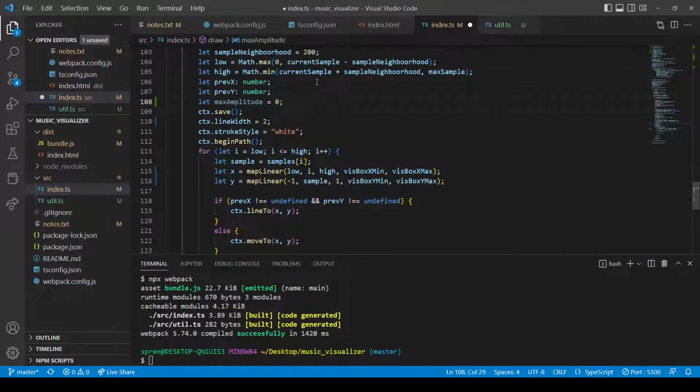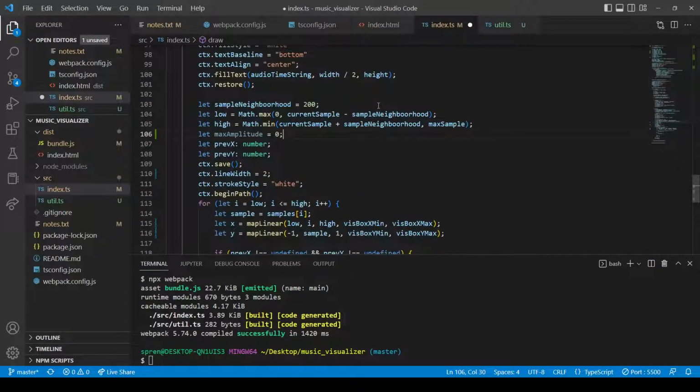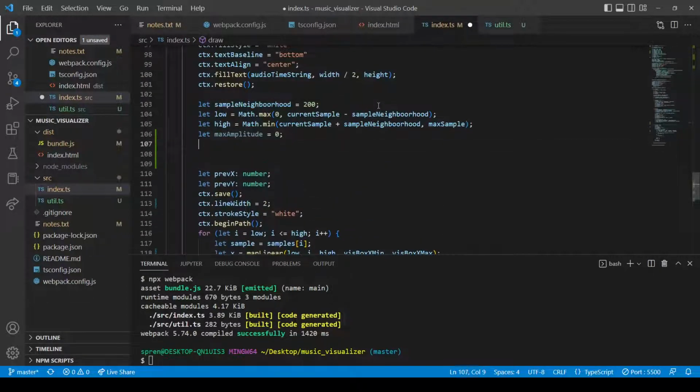This has to be a pre-processing step that will reuse the low and high thing.